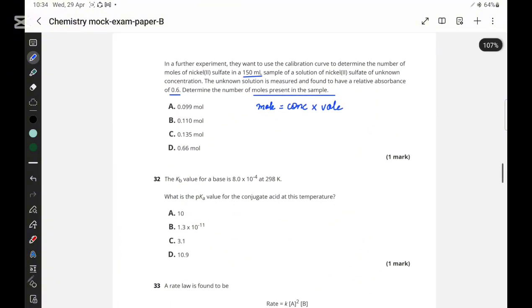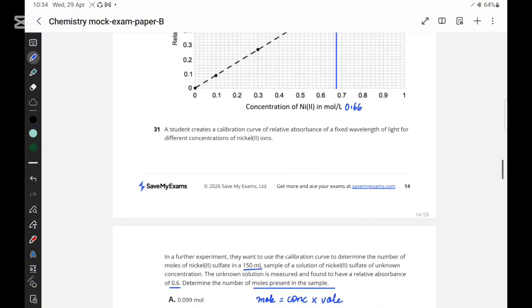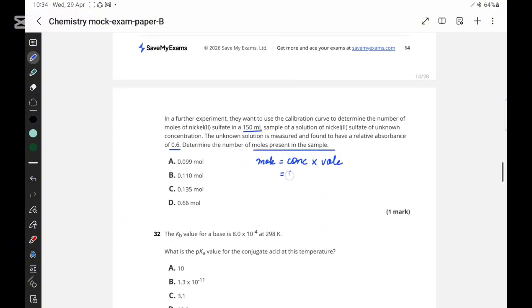So the concentration is 0.66, times the volume, which is 150 milliliter, and we have to divide it by 1000 to convert it into liter. So that comes out to be 0.099. So our answer is going to be A.